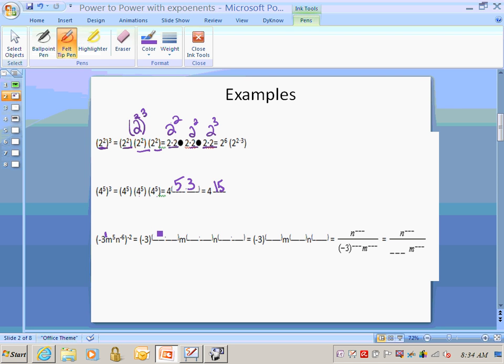So I have negative 3 to the 1 times, what's my other exponent? Negative 2. M to the 5 times negative 2.